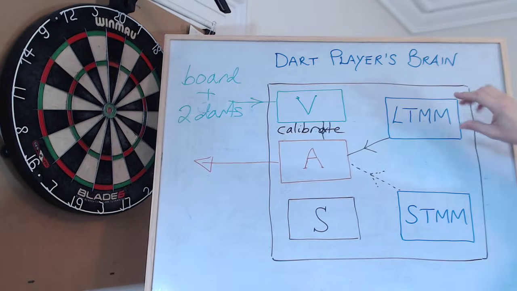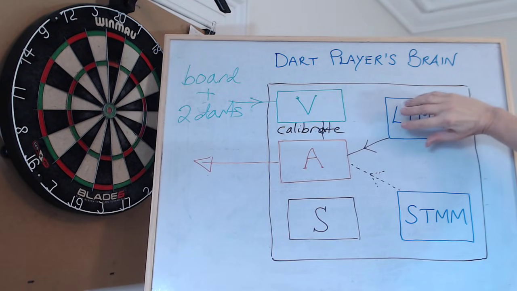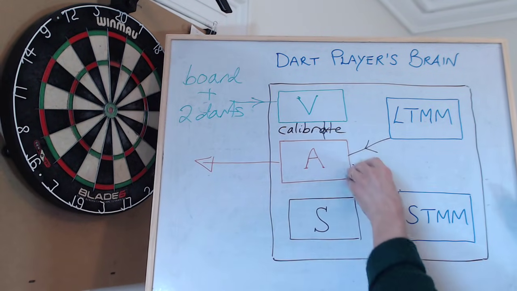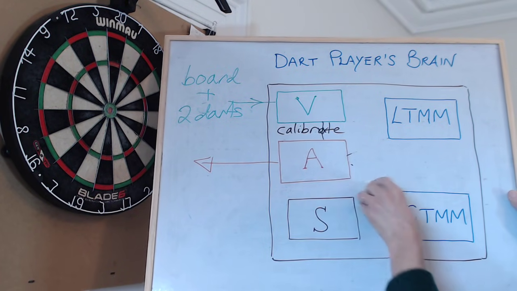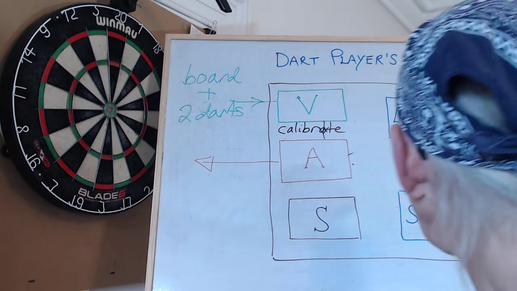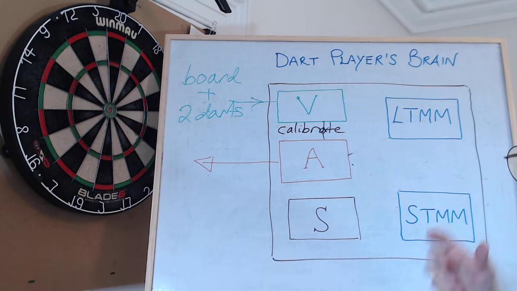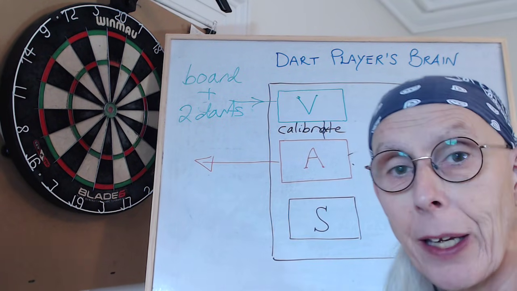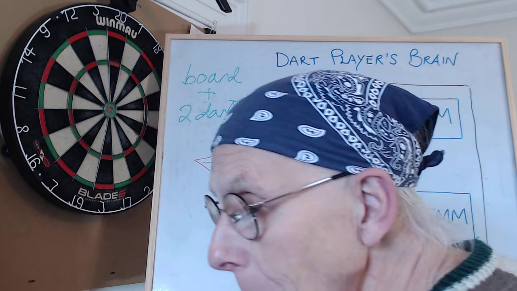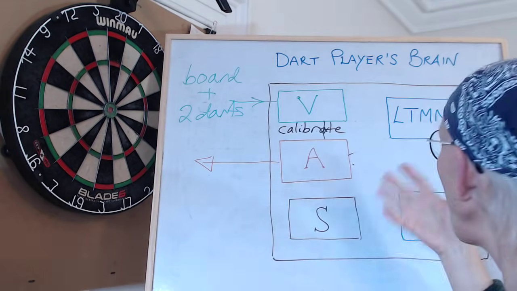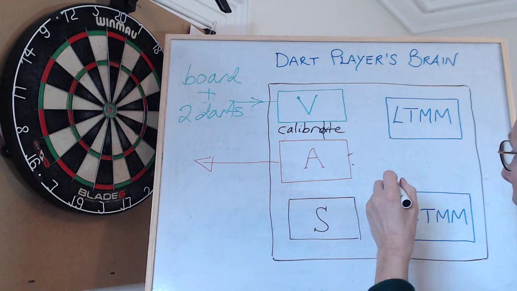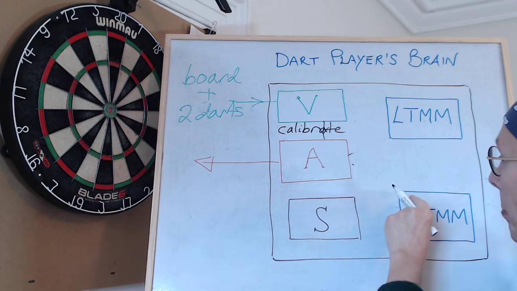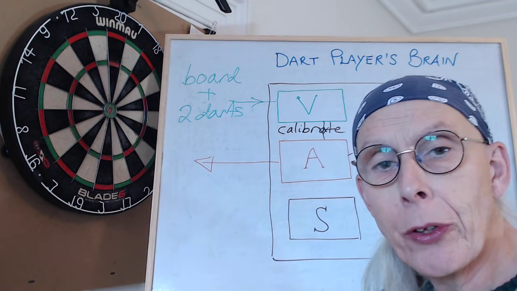Now for the first dart, as I mentioned before, it's long-term muscle memory feeding in. But this is going to switch now. I said there may be a small amount of short-term muscle memory if you've had a recent visit, if you're not playing a very slow player. But in normal conditions, let's say that the short-term muscle memory would be weakly feeding in on the first dart.